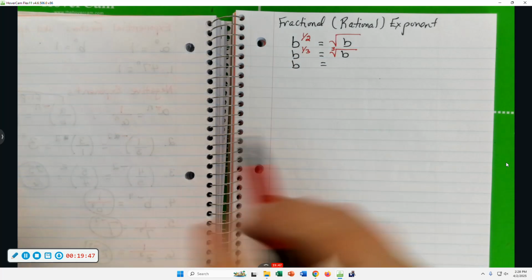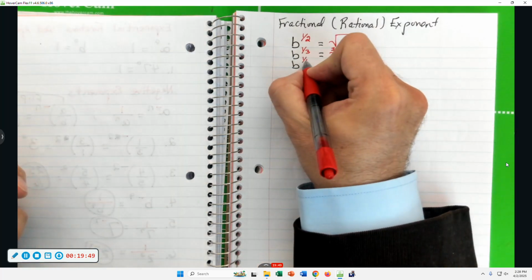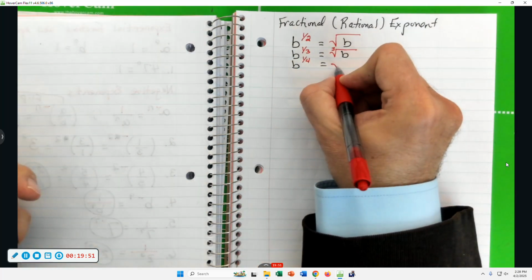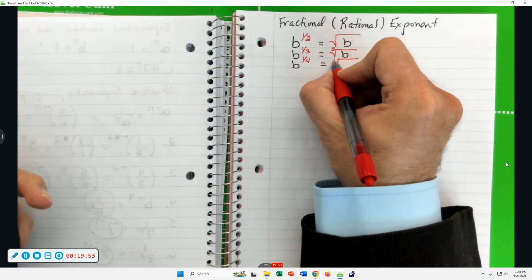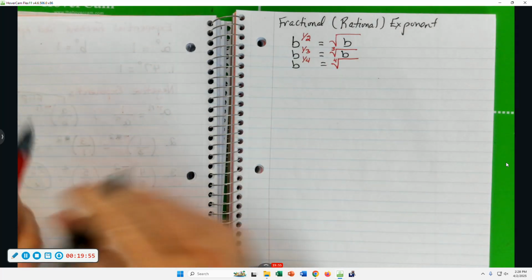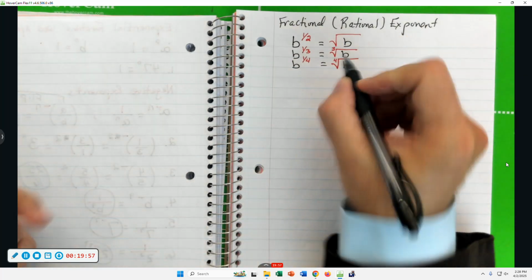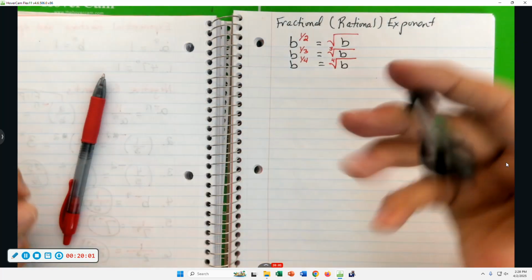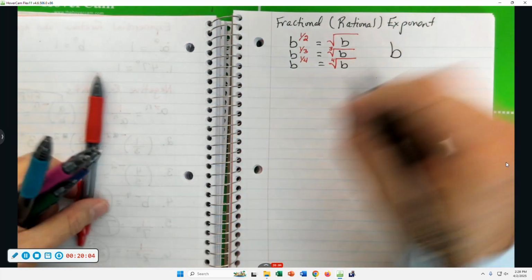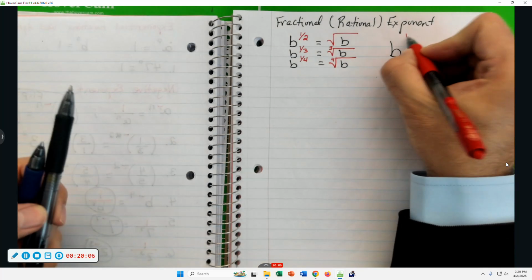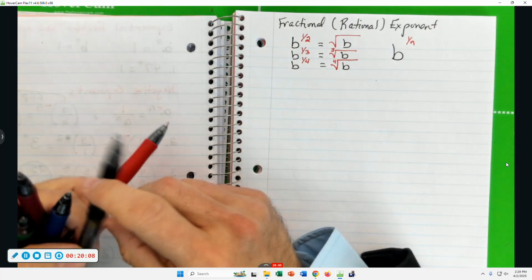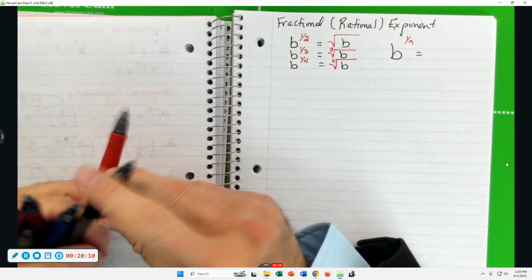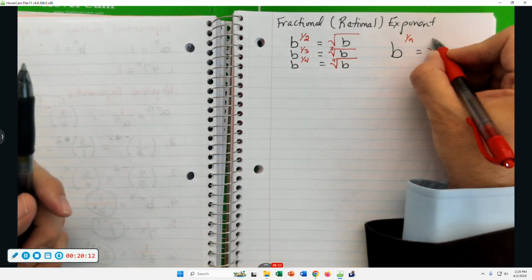A 1/4 exponent is a fourth root, and so forth. In general, we say this: b to the 1 over n power is the nth root of b.